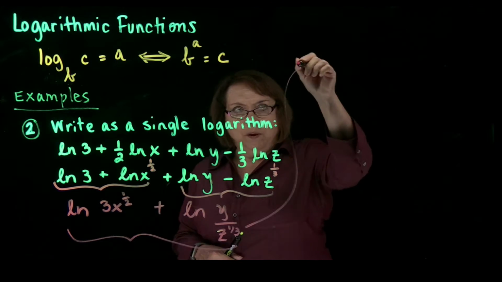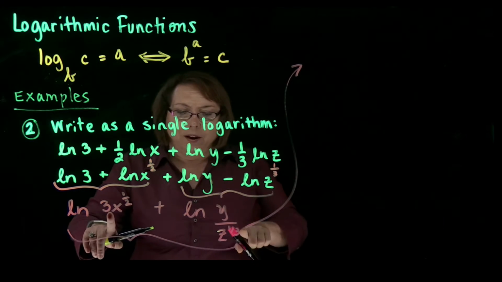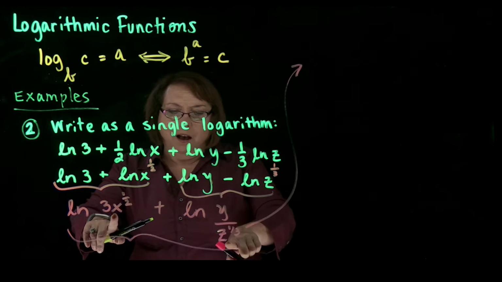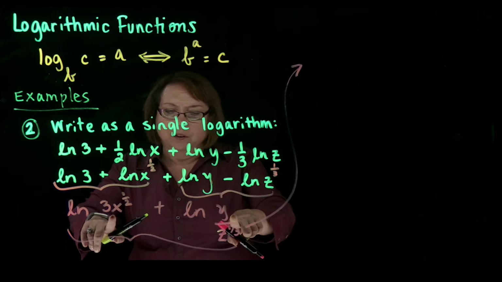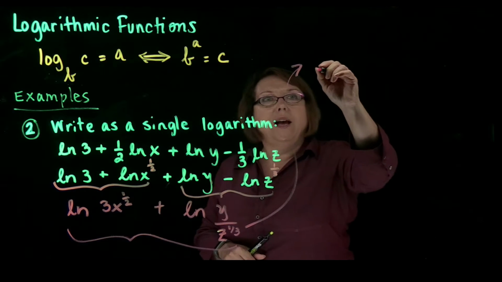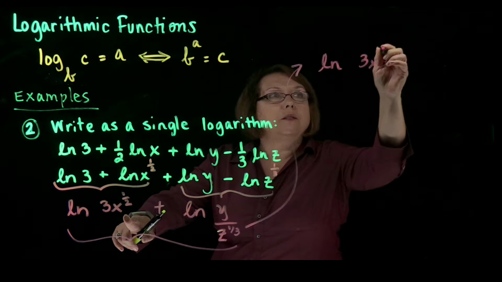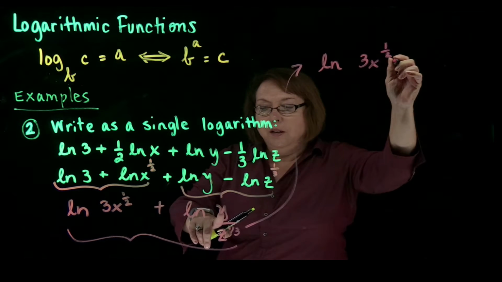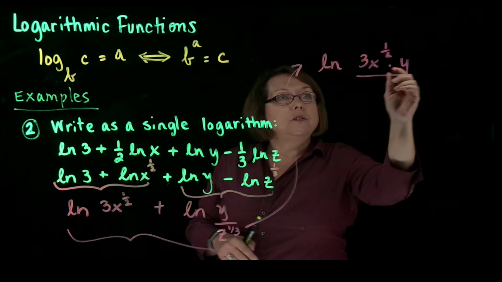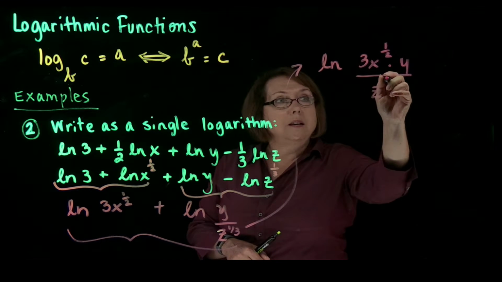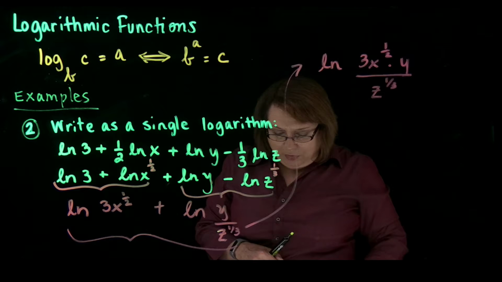We're going to take the product of these two quantities here. So we'll have a natural log of 3x to the 1/2 times y divided by z to the 1/3.